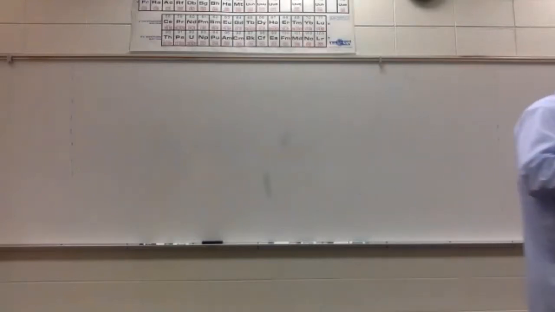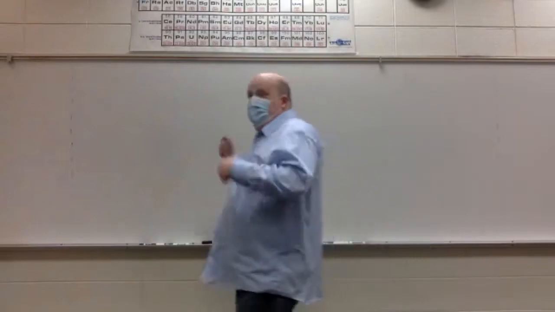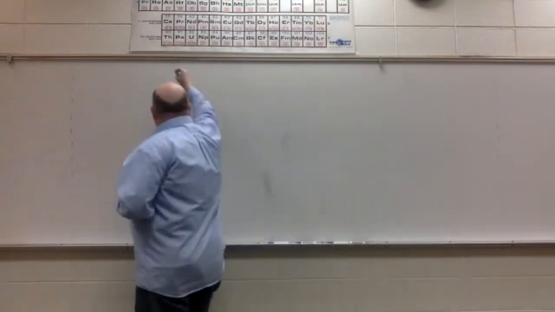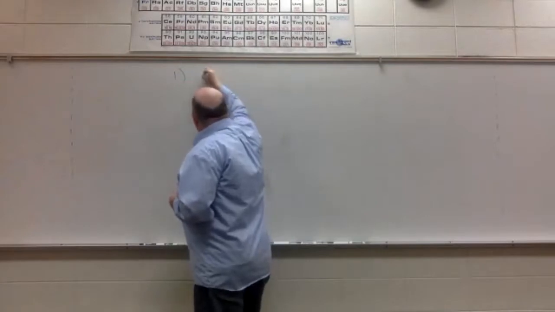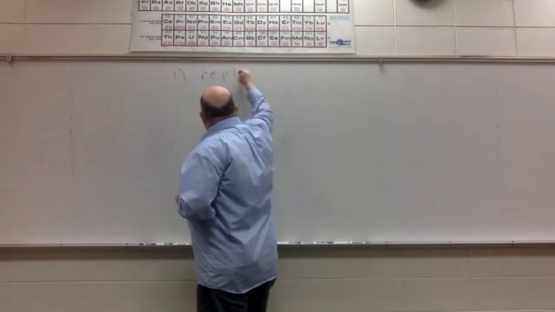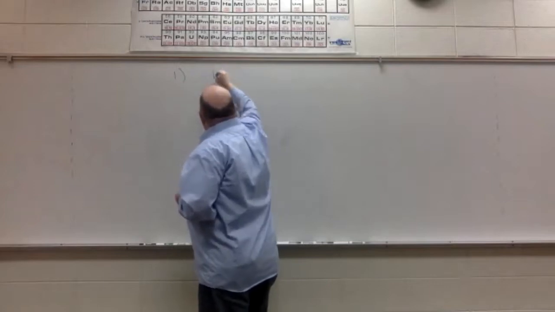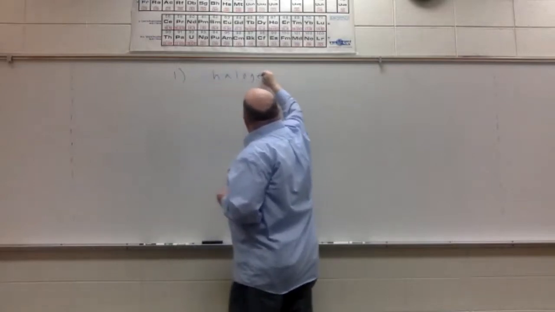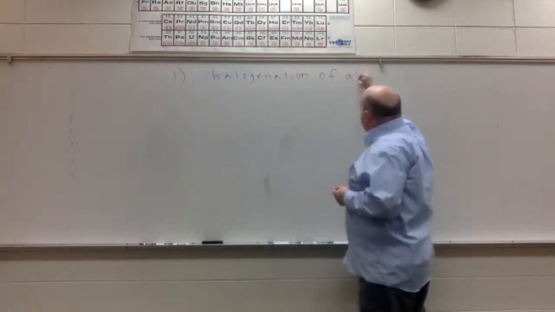Over the course of the chapter, there are basically two general groupings of reactions that we're going to see involving free radical halogenation. The first one is going to be halogenation of alkanes.